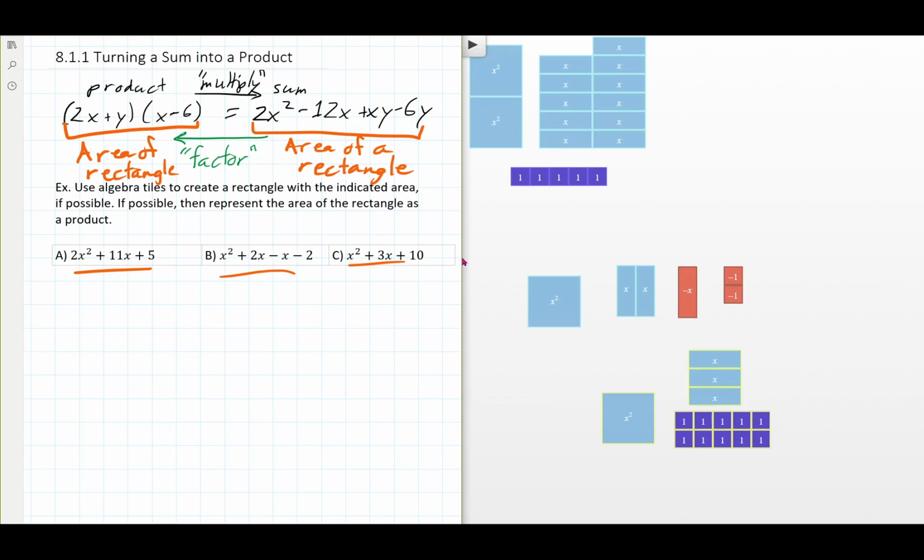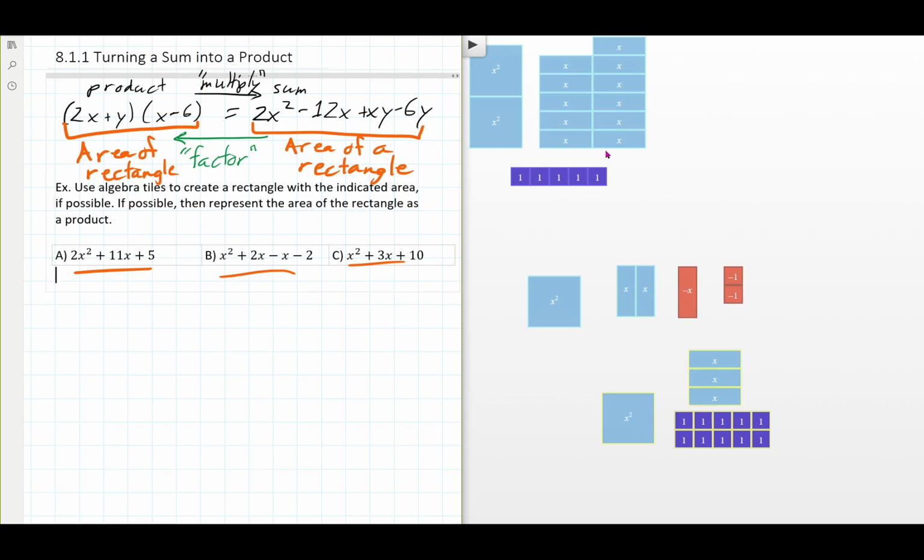This represents the area of some figure, right? A rectangle if possible. So what we're going to do is take these tiles and create rectangles, or at least try to. It might not be possible, and we're just going to see. Okay. So right here, I have my 2 x squared tiles, 11 x tiles, and 5 1 tiles.